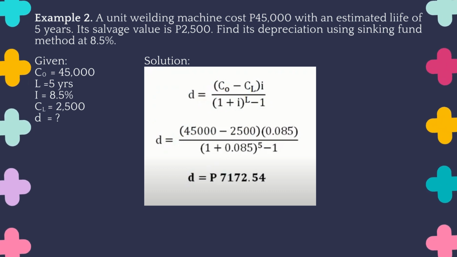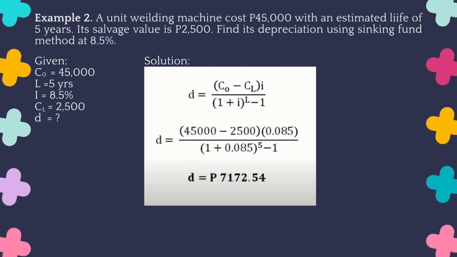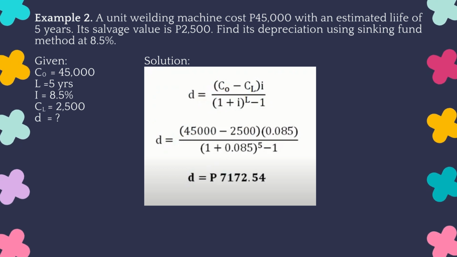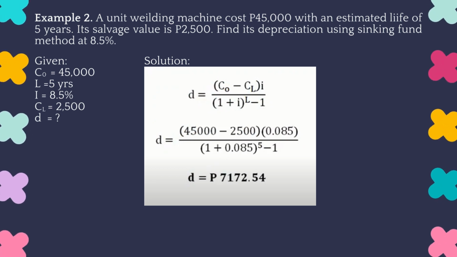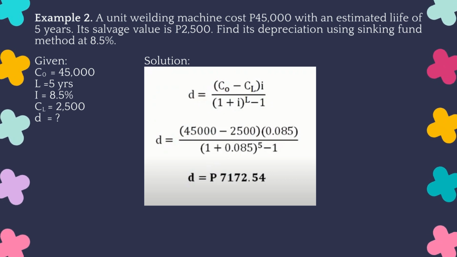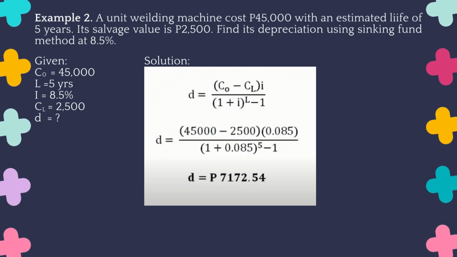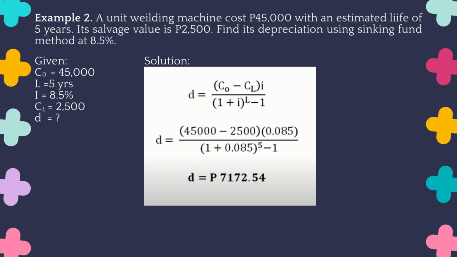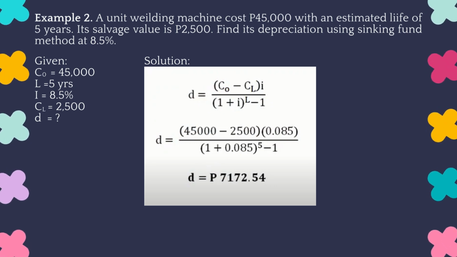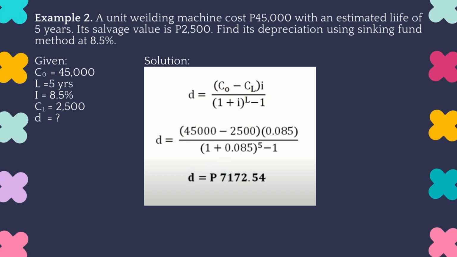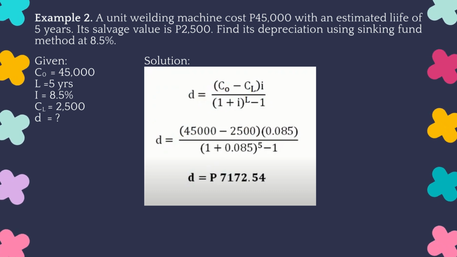Using the formula, D equals CO, which is the original cost of the property, minus CL, which is the salvage value of the property, times I, which is the interest rate, all over 1 plus I, the interest rate, to the power of L, which is the useful life of the property in years, minus 1.